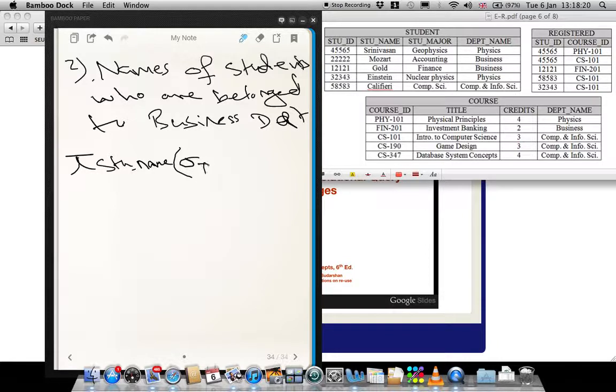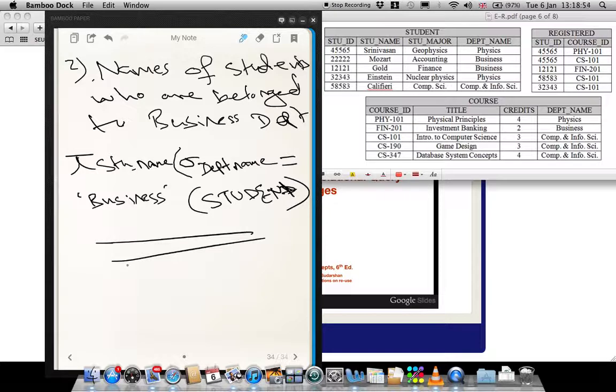This time we look at the department name, and the department name should equal business. Again, all this work is in the student table. It's as simple as that.